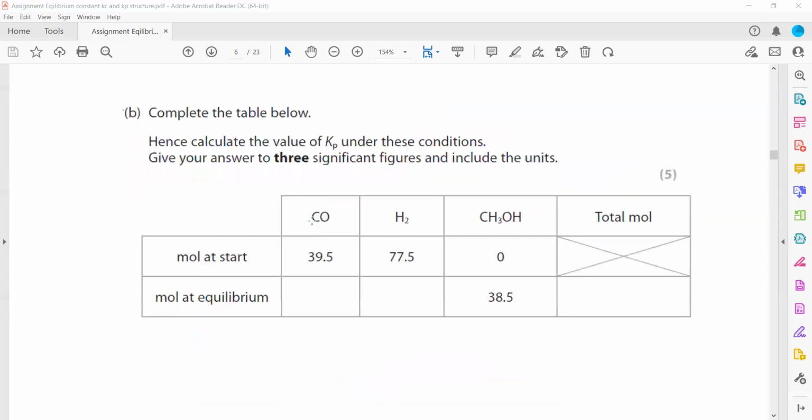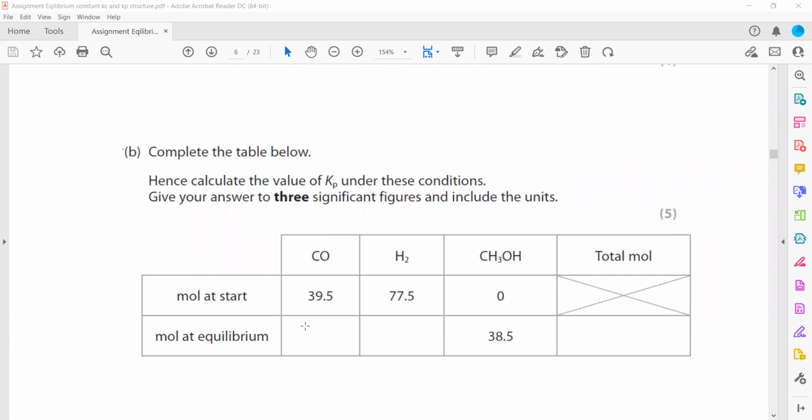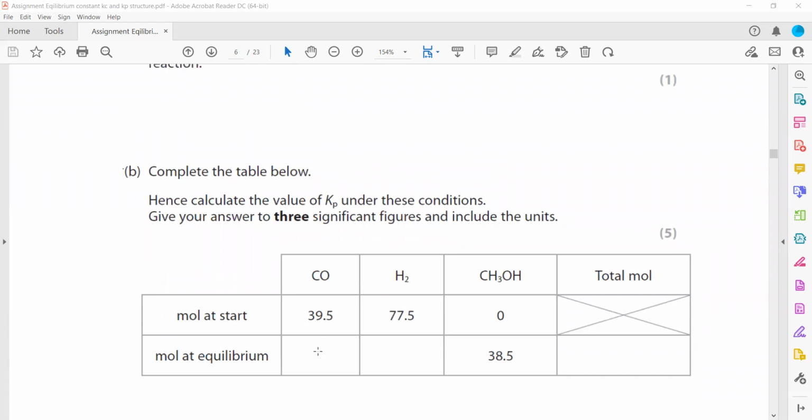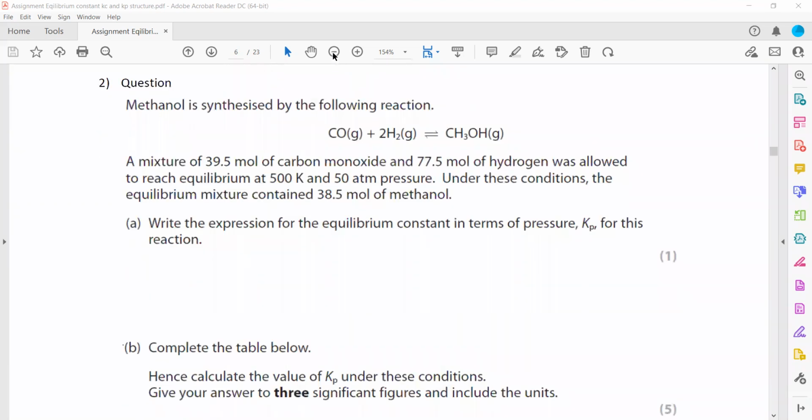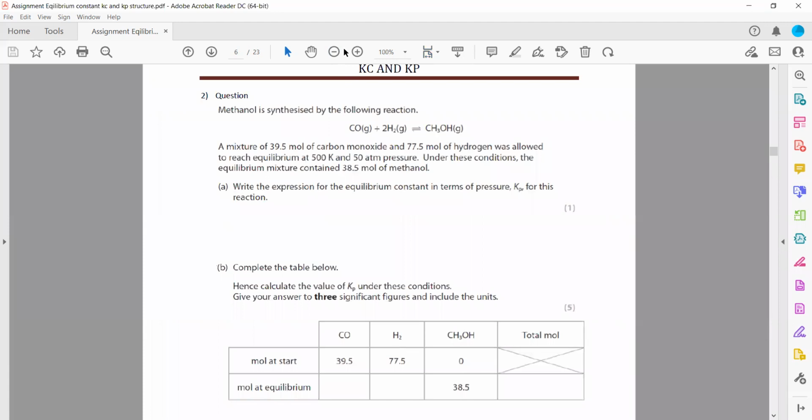Then the next one: complete the table for Kp under these conditions. So moles at the beginning and moles at equilibrium. How to work it out? As you need an equation to take a mole ratio, what is the ratio between carbon monoxide and methanol? It's 1:1. So if we have 38.5 of methanol, this will be X, cross multiply.